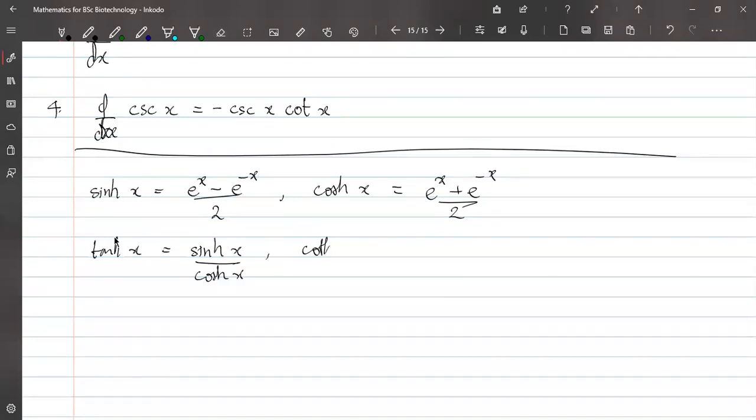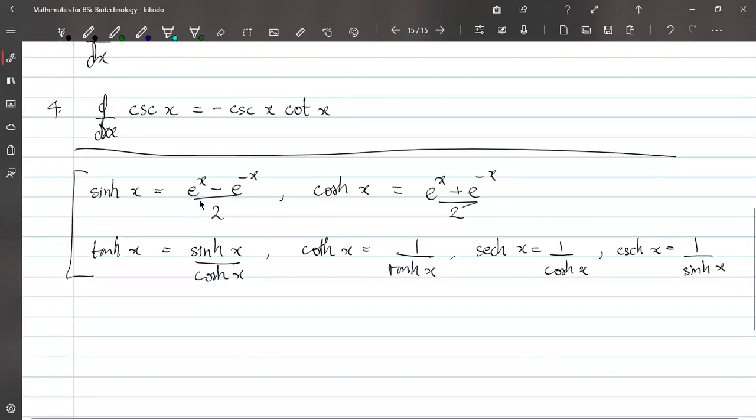And similarly, hyperbolic cosecant, which is the reciprocal of hyperbolic sine. So all these definitions are there, simple to understand because these are the basic things. Everything else can finally be written in terms of these two.